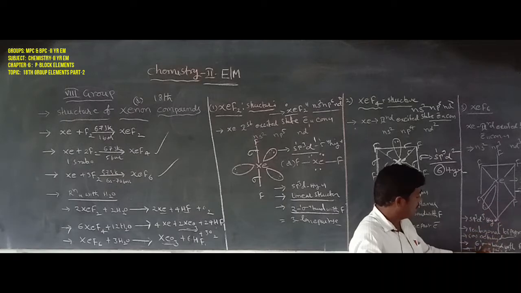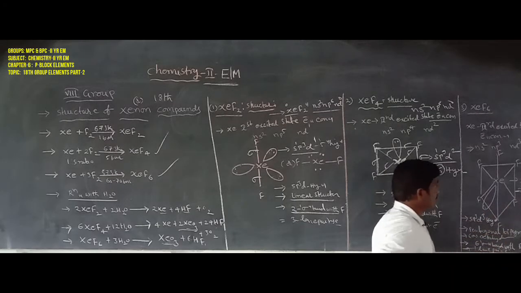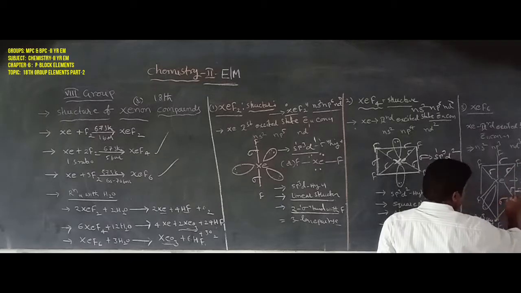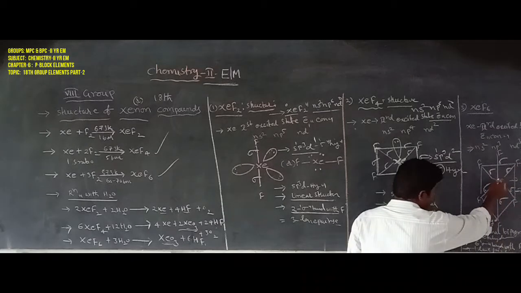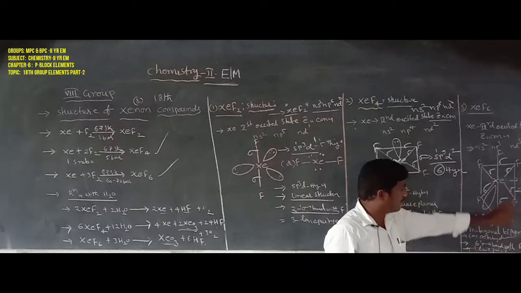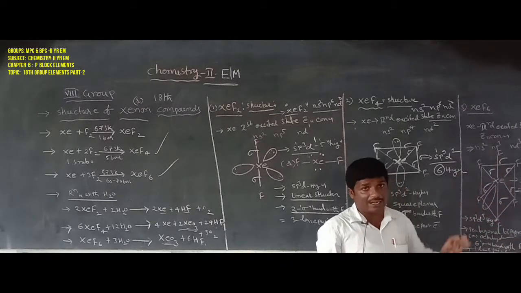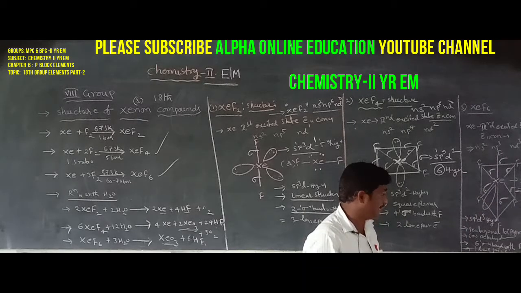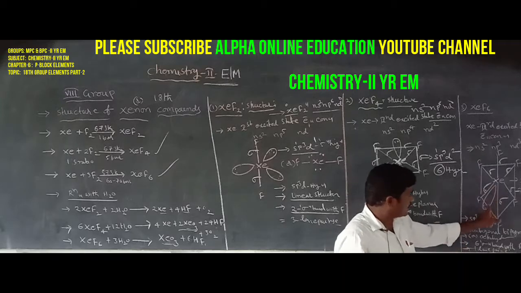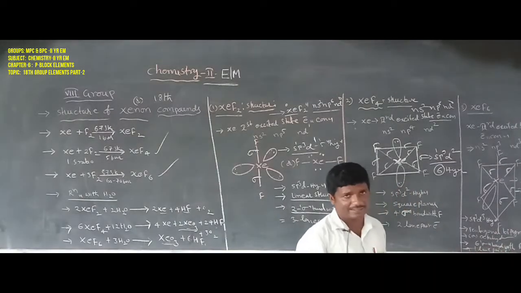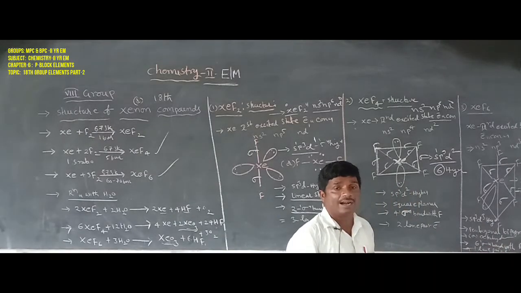That forms 6 sigma bonds with the fluorine atoms: 1, 2, 3, 4, 5, 6. The central xenon atom bonds with the 6 fluorine atoms, forming 6 sigma bonds, and there is one lone pair, forming a pentagonal bipyramidal structure or octahedral structure.